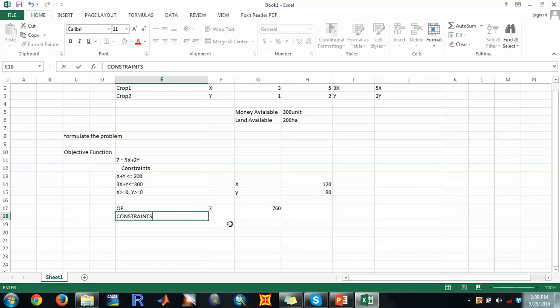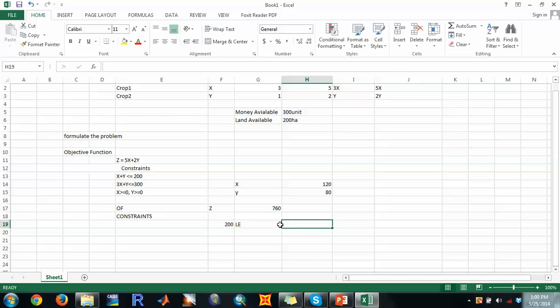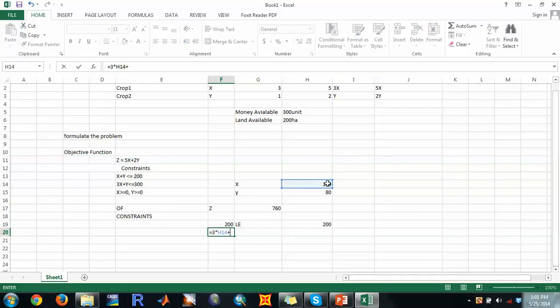The constraints are: the first is that x plus y, which means this plus this, should be less than or equal to 200. And the second one is that 3x plus y should be less than or equal to 300, which is not fulfilling the conditions.